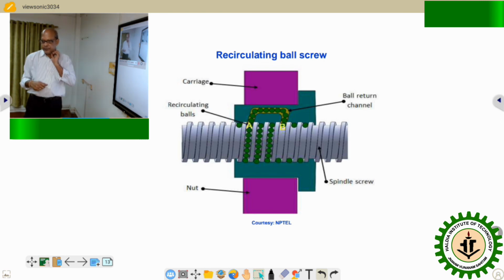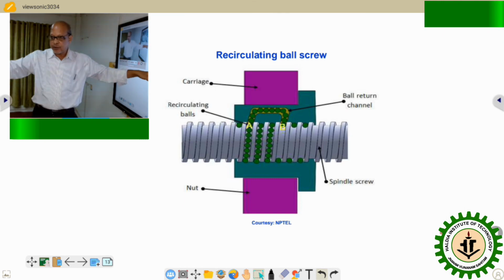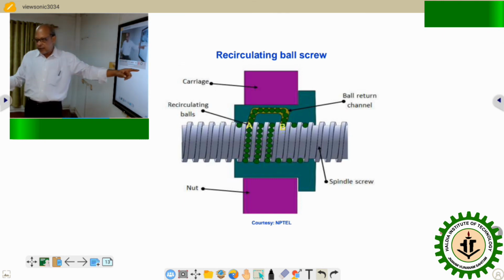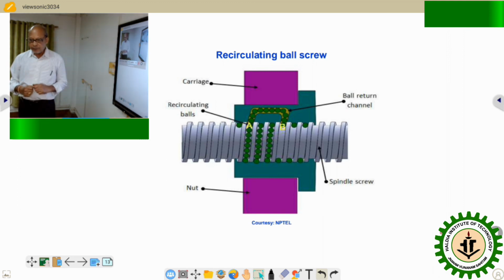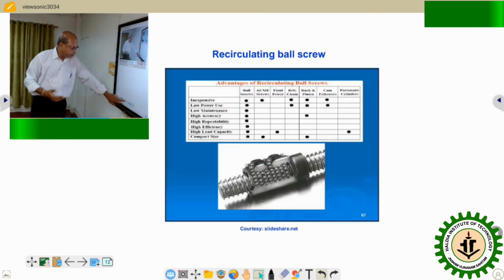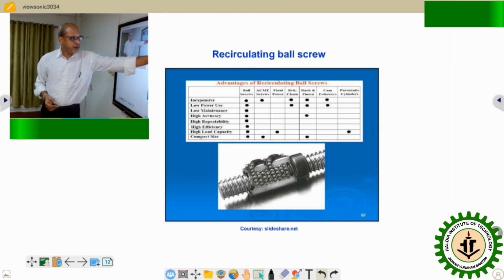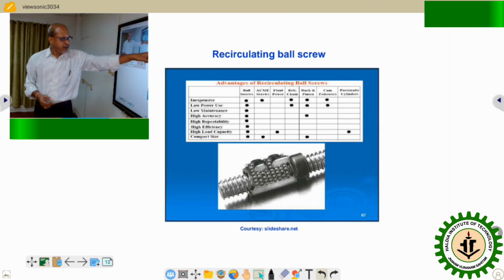So that is what exactly I was talking about. Your sliding friction is now being converted to rolling friction, so that improves your transmission efficiency. So a lot of added features are there. As far as the comparison is concerned, there is a table. The first one is for the ball screw.